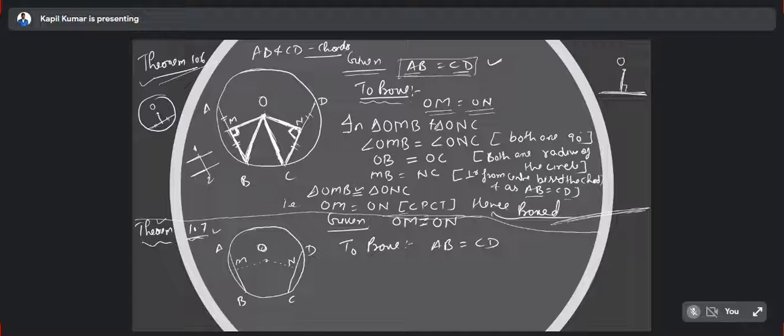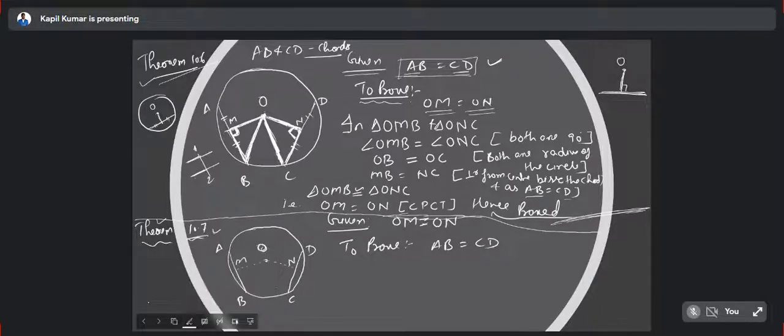MP equals to N. MB is equal to NC. Perpendicular from center bisects the chord.